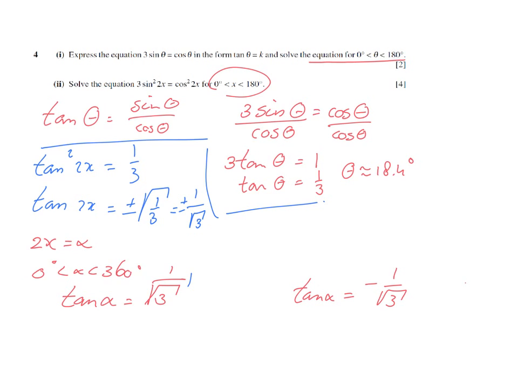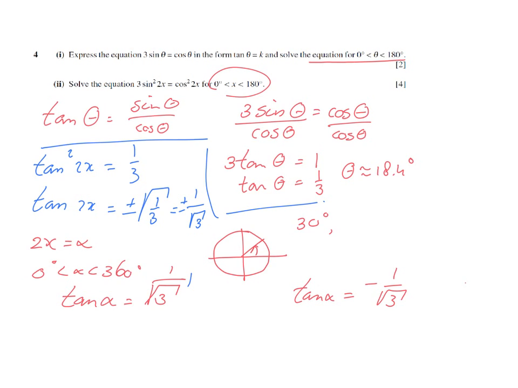So if you plug this in your calculator, shift tan, the inverse of 1 over square root of 3, it's going to give you 30 degrees. And I always like to then make a sketch of the unit circle. There's several ways of doing this, but I prefer the unit circle. And I say, well, at 30 degrees, that's going to be one of my solutions. Let's write it down, 30 degrees.